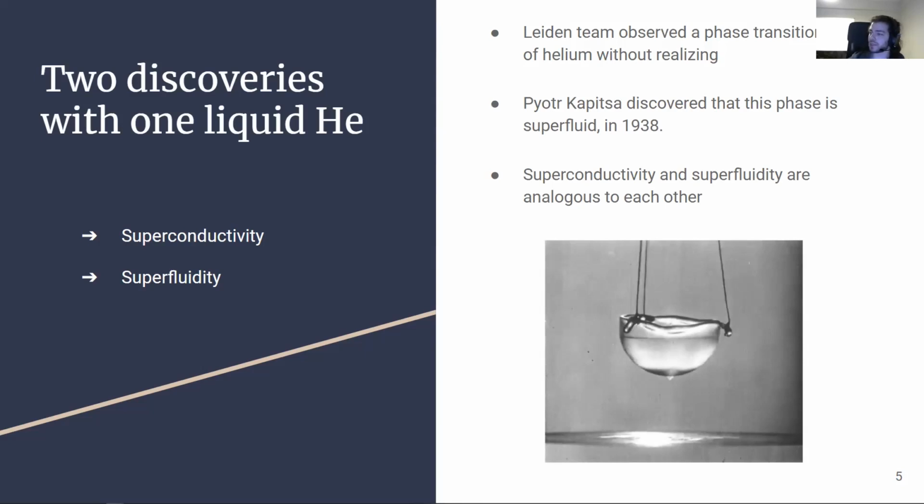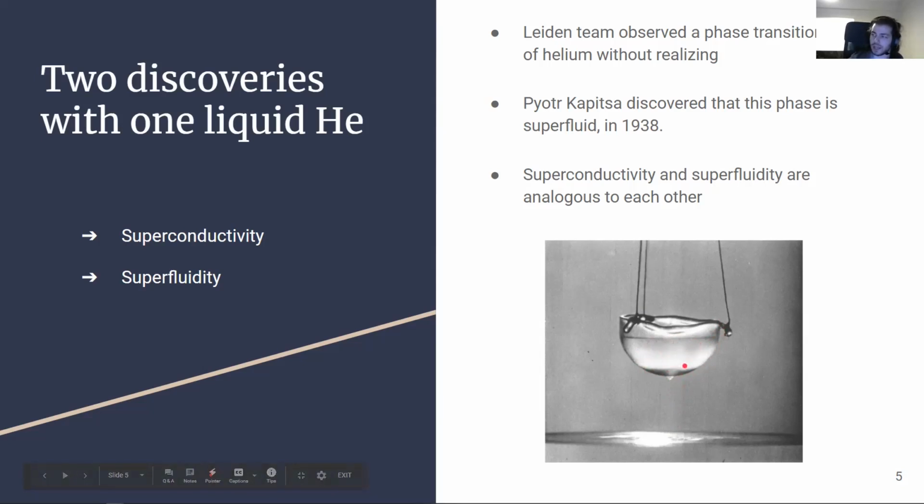Here you can see helium in its superfluid phase. A drop of the superfluid would creep out of the container here, and then keep going through it and drop here until there is no superfluid left.